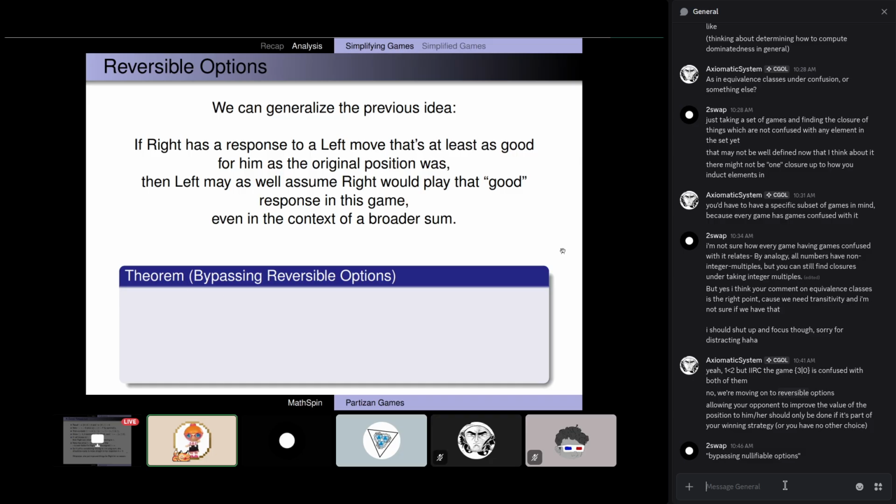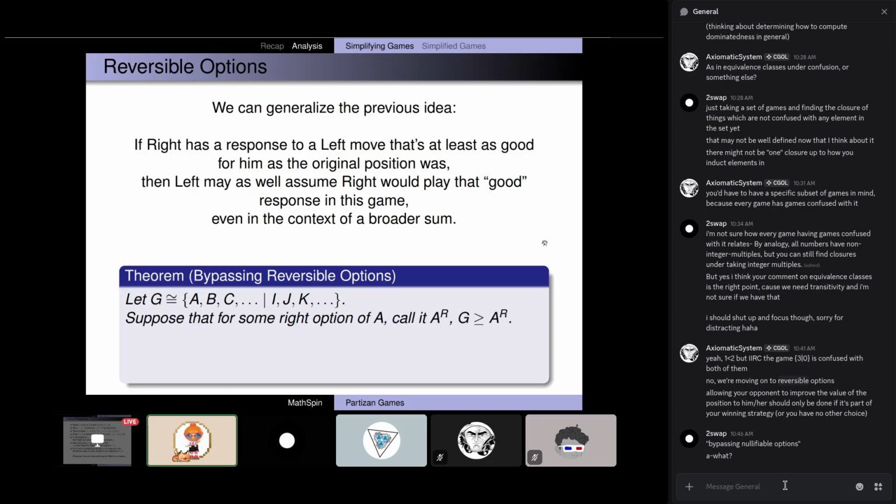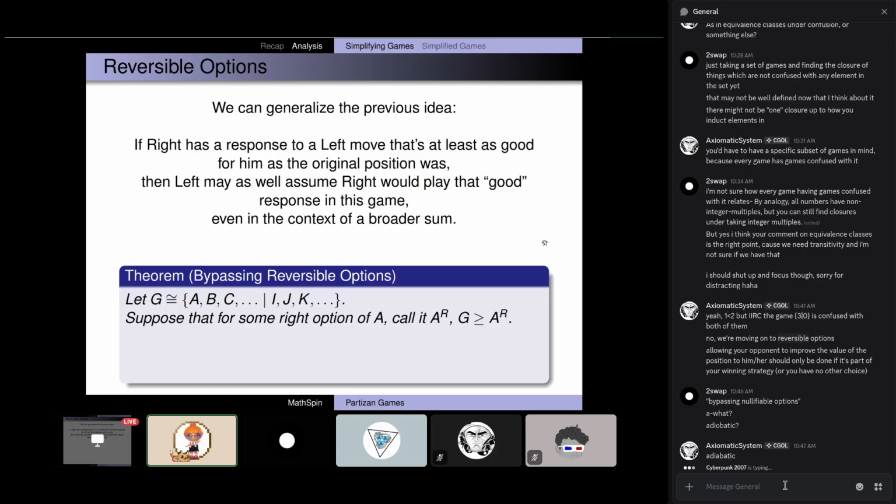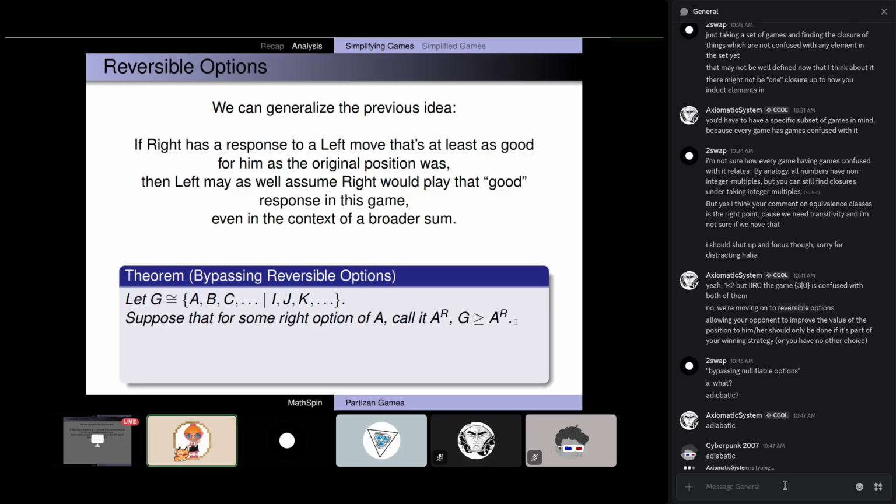Adiabatic options. So to write this out formally, let's say G has left options like A, B, C, and right options like I, J, K. And for some right option of A, let's call it AR because it's the right option of A, G is greater than or equal to AR. So AR is less than or equal to G. AR is at least as good for right as the original G was.